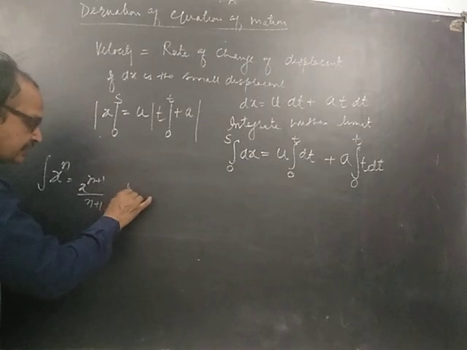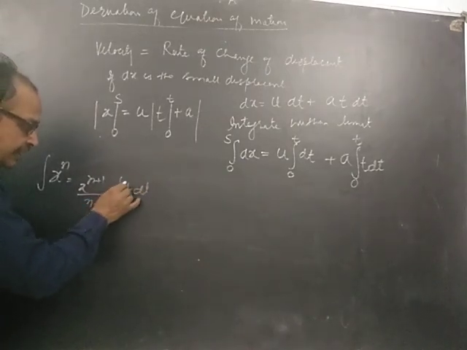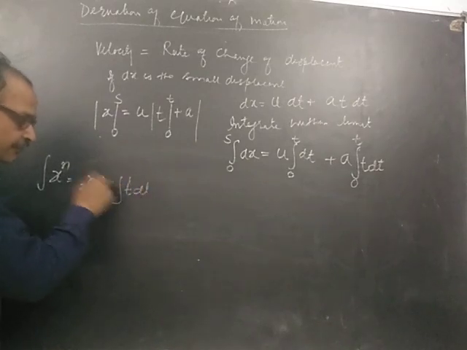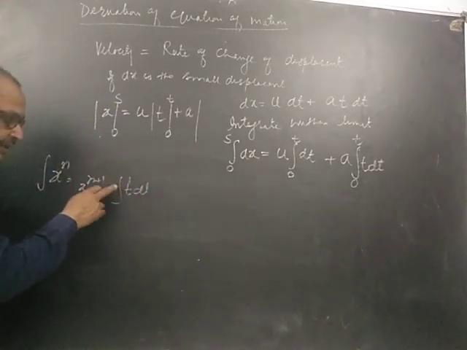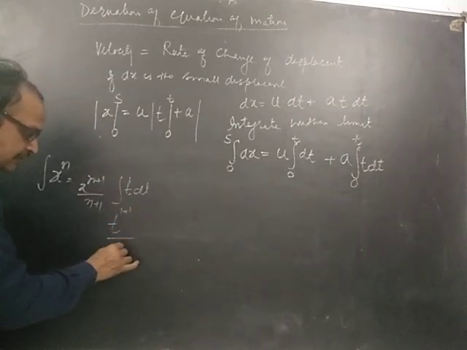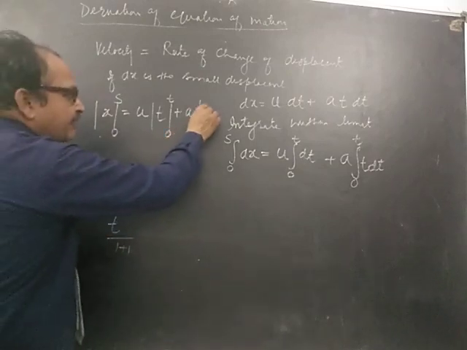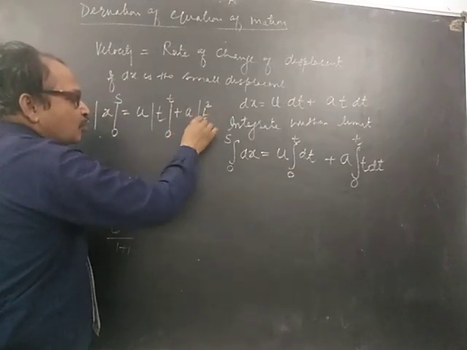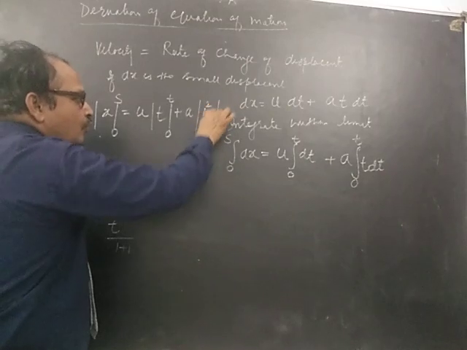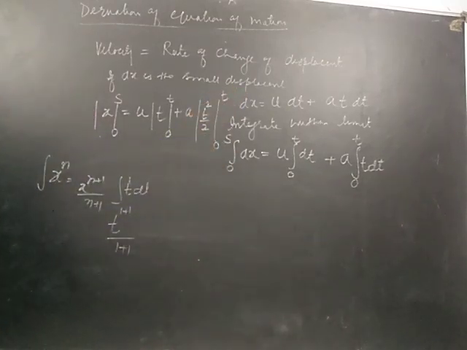So here it is t dt, that means t raised to the power 1. So the answer will be t raised to the power 1 plus 1 over 1 plus 1. That means I will write t square by 2 from 0 to t. Is it clear?